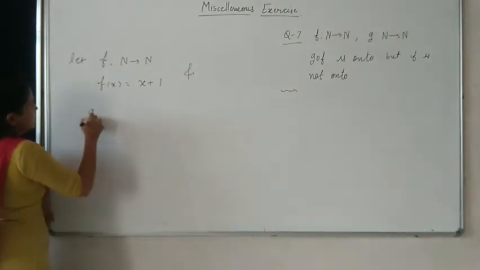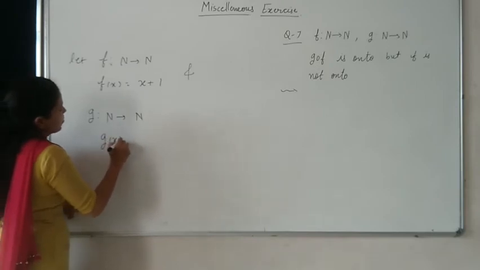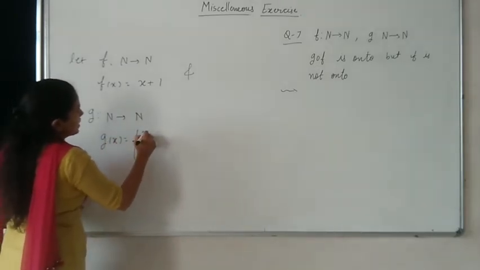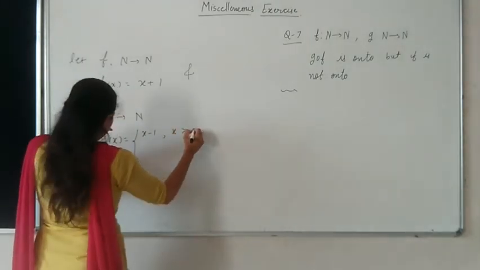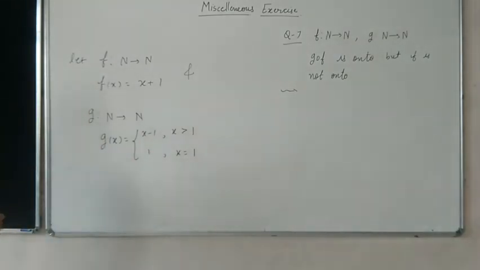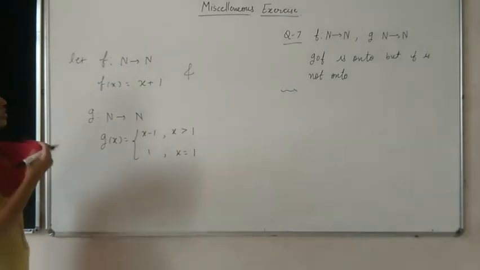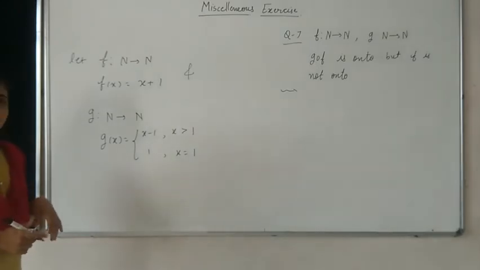And g is a function from again N to N, and let me define g of x as x minus 1 if x is greater than 1, and 1 if x is equal to 1. So here we have to show that g composition f is onto but f is not onto.